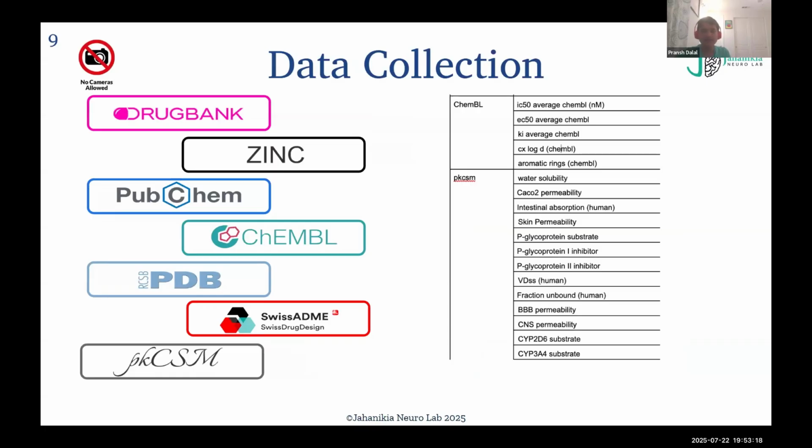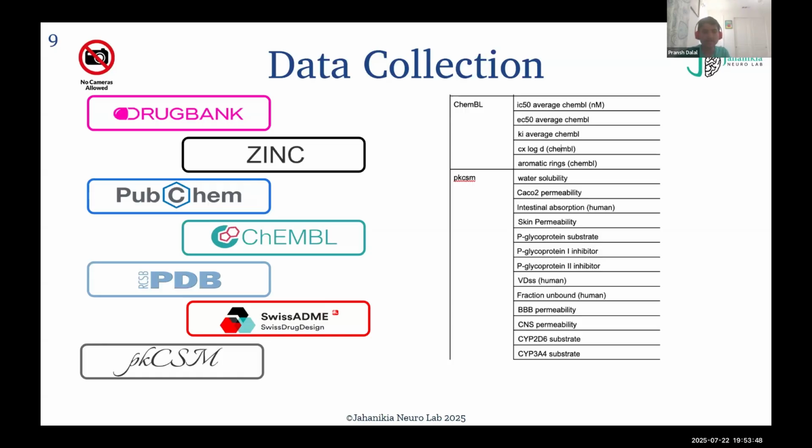So our data set finally consisted of 210 pharmacological compounds, and each was associated with one or more of our 7 neurodegenerative diseases. Each compound had 73 molecular properties, including structural features such as molecular weight and rotatable bond count, physicochemical descriptors like log P, solubility, and polar surface area, and then biological properties such as blood-brain barrier permeability.